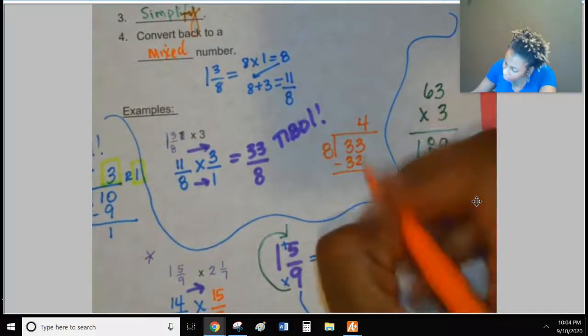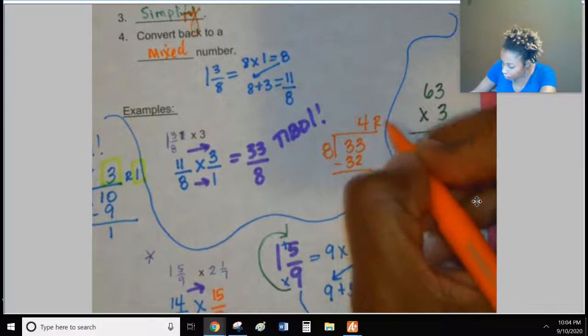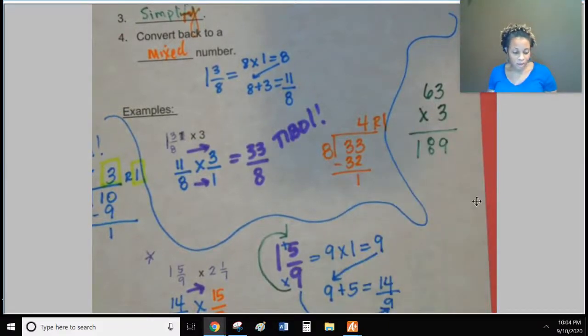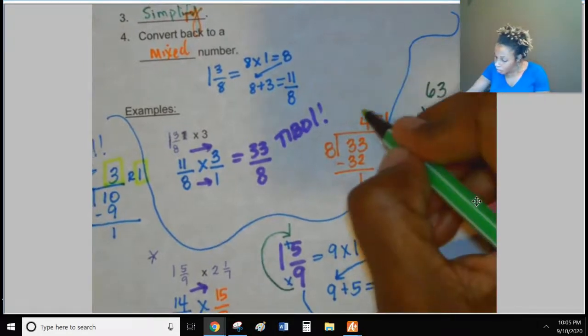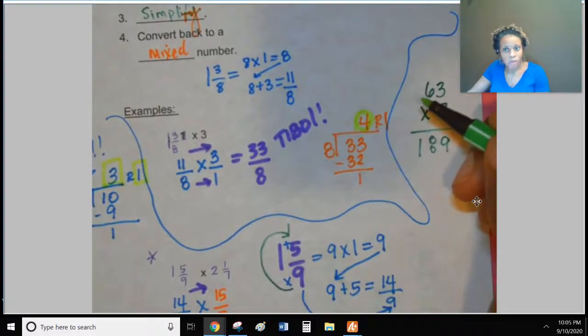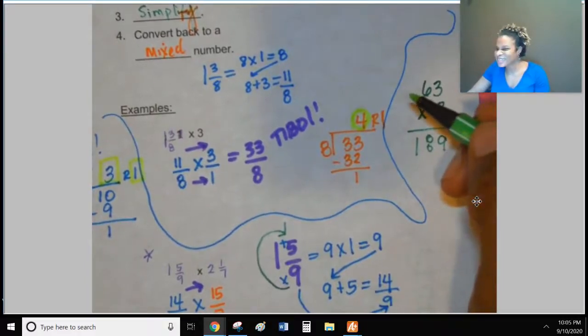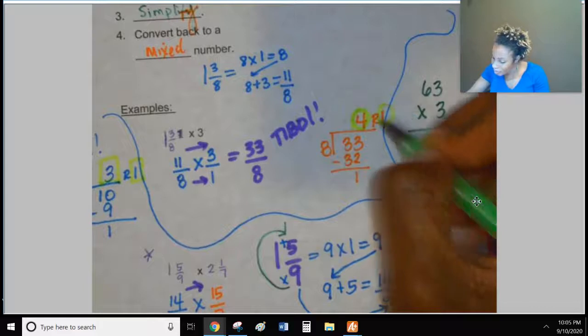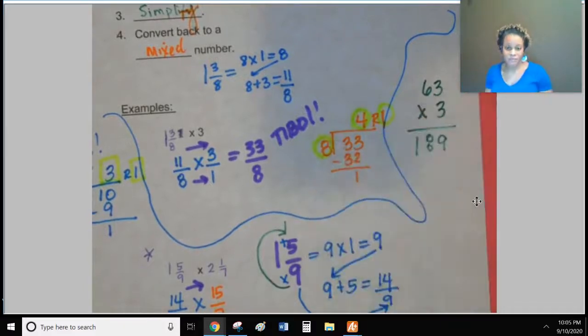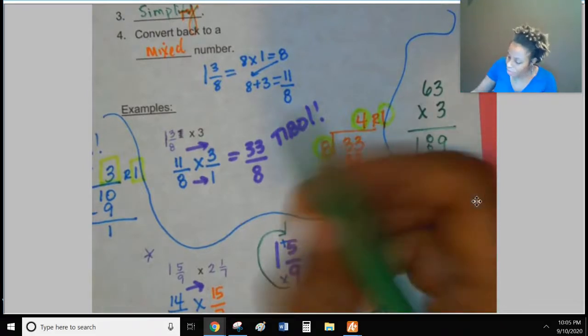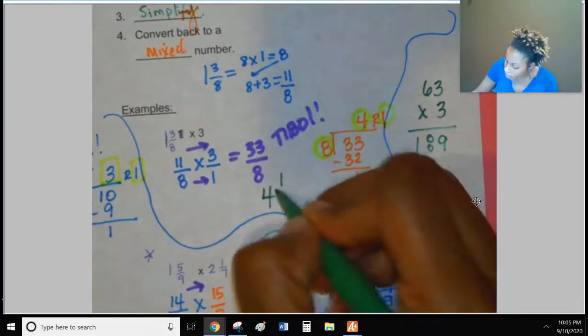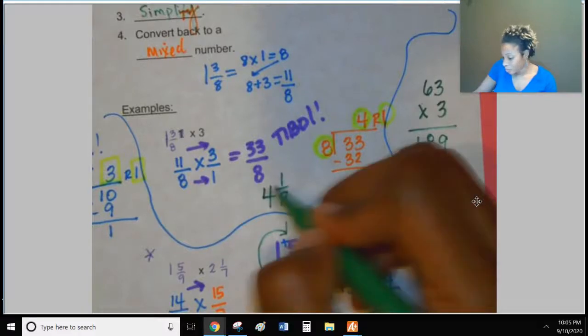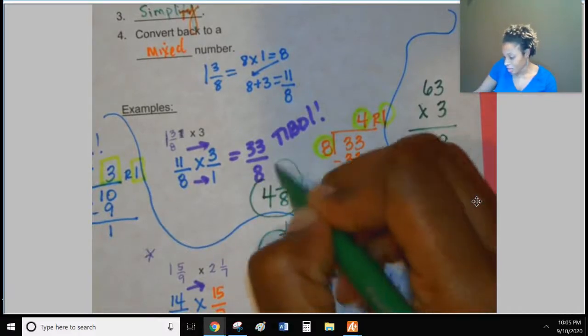I subtract. I get a remainder of 1. So now I can write this as a mixed number. Remember, we want the quotient, the remainder, and the divisor, for a final answer of 4 1/8. 4 1/8 is our final answer.